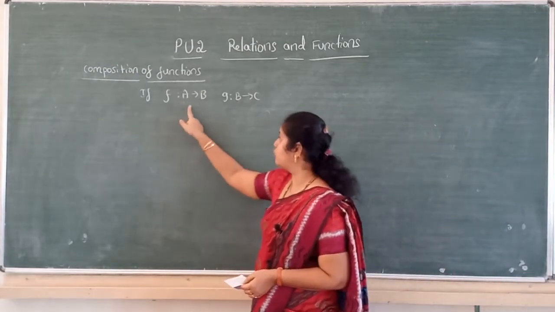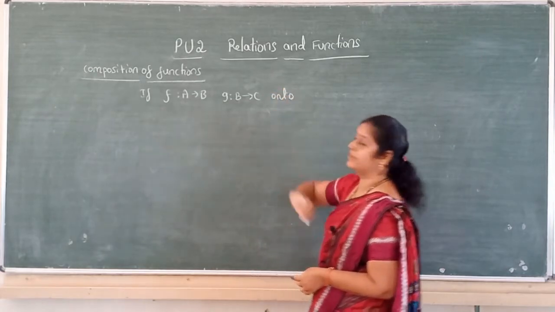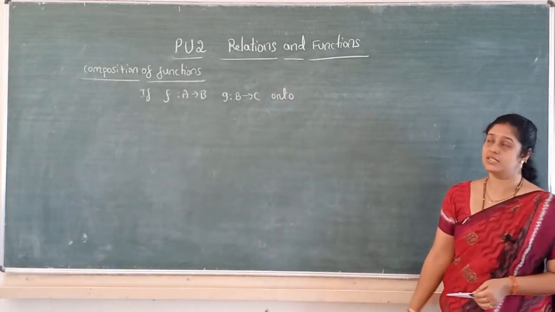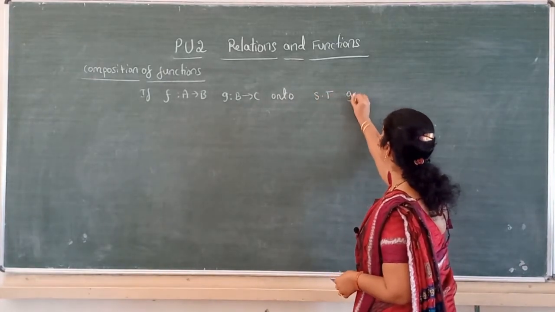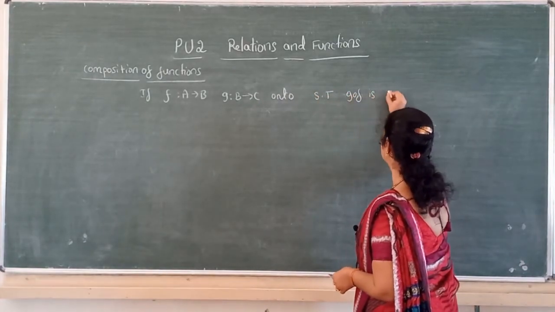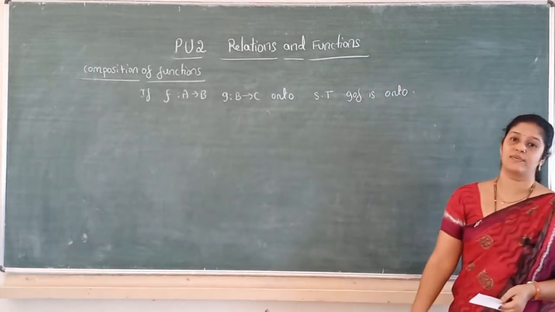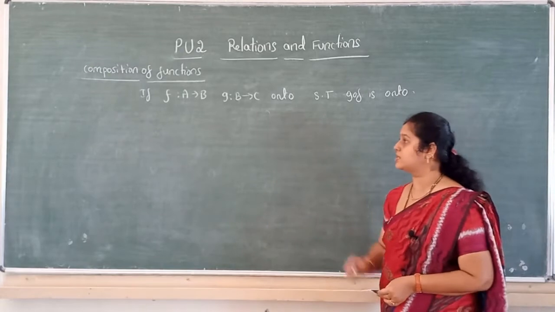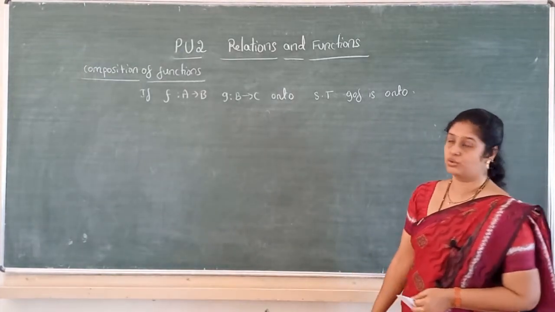If we have f from A to B and g from B to C onto functions, then I can prove that g of f is also onto. Show that g of f is an onto function.